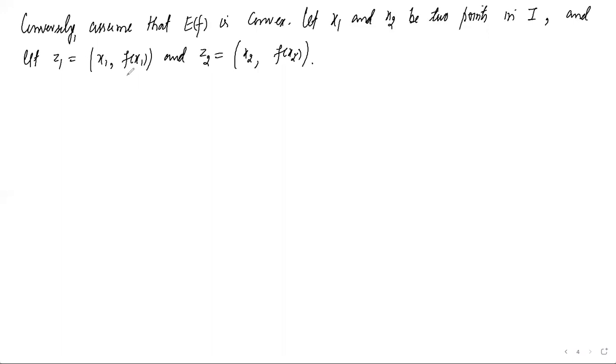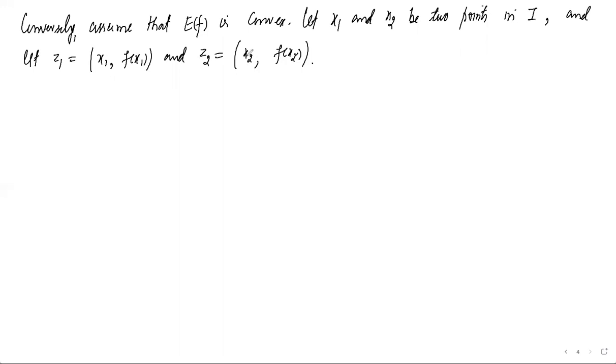Now we can see that these 2 points z1 and z2 lie inside E of f. As we know, the definition of E of f is that it contains those points x and y for which f of x is less or equal to y. So here we have the point x1, f of x1, where in place of x we have x1, and in place of y we have f of x1. The image of the first point under f is f of x1, and it is equal to the second coordinate here. So this point z1 belongs to E of f.